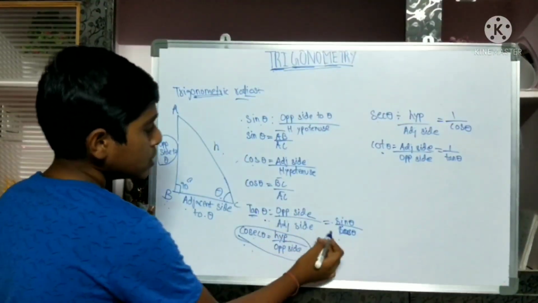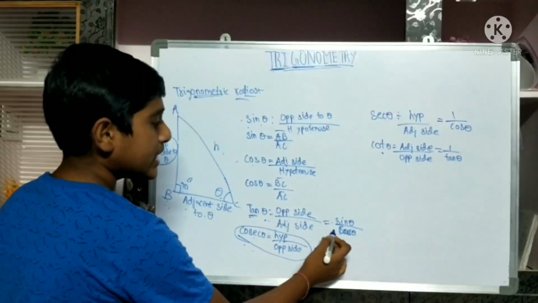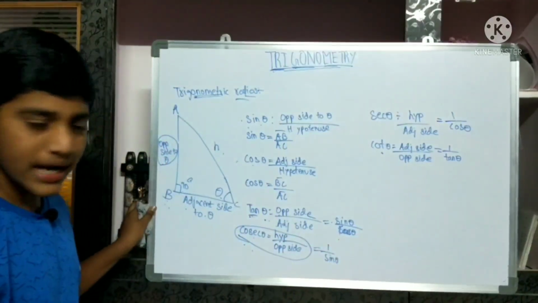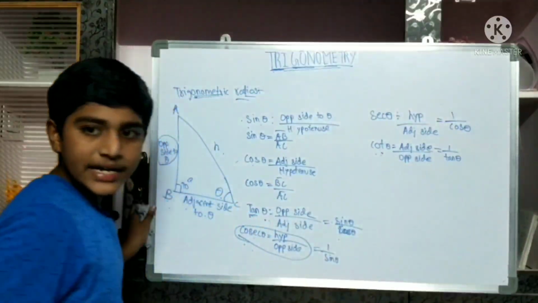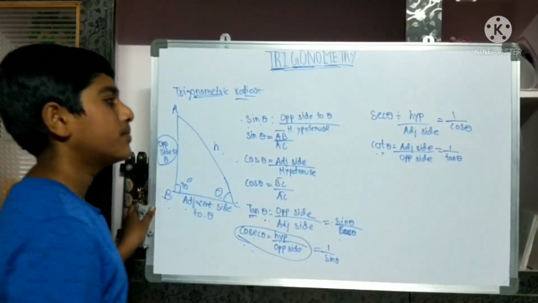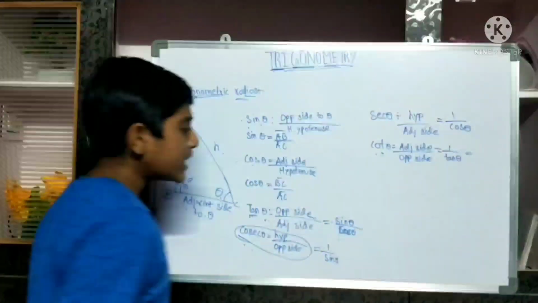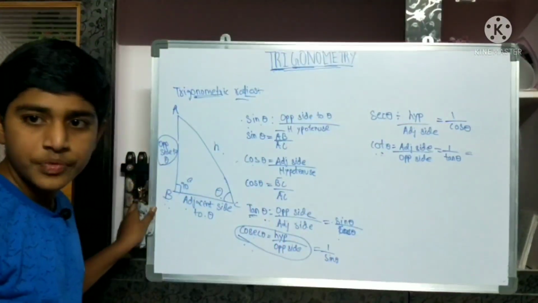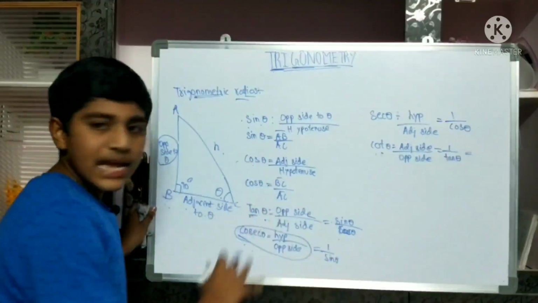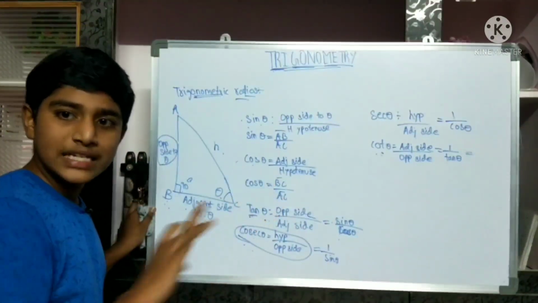And in tan theta we wrote in terms of sine and cos, right? In the same way we can write cot theta in terms of sine and cos. We already know that cot theta is reciprocal of tan theta. In terms of sine and cos, it will also be reciprocal.